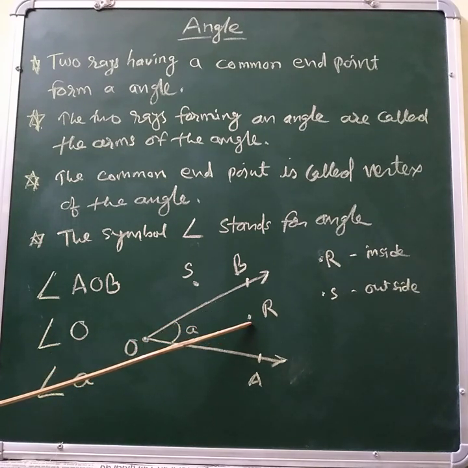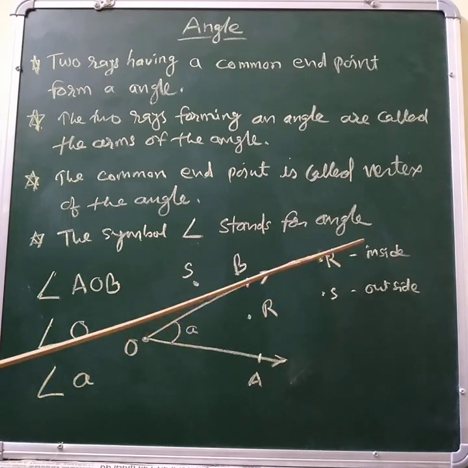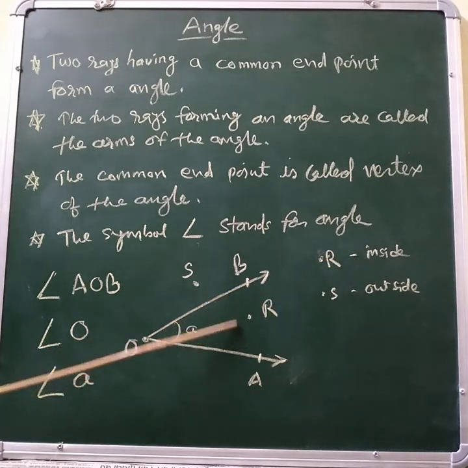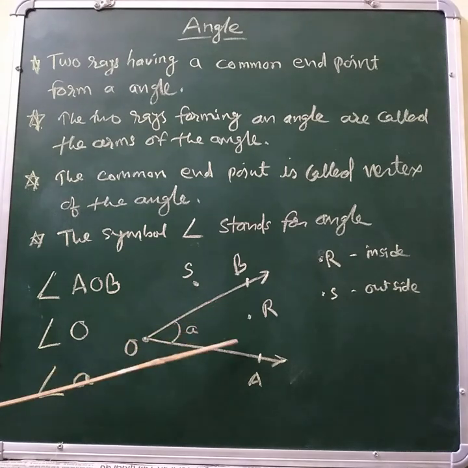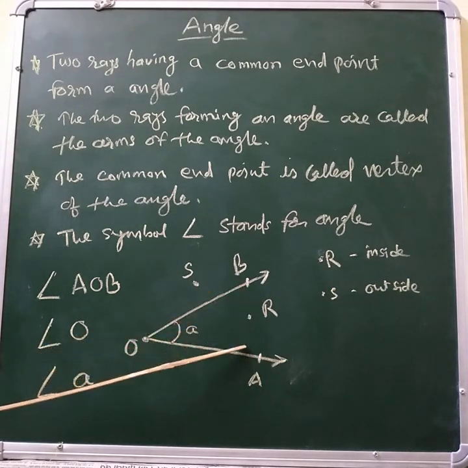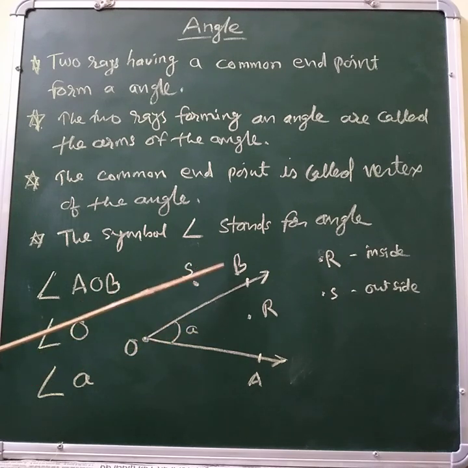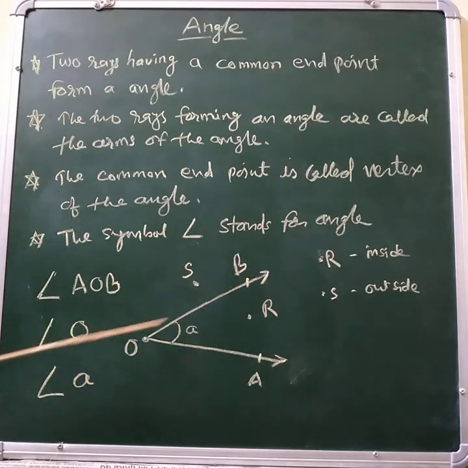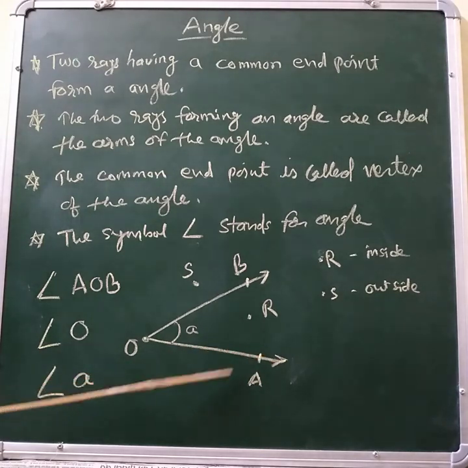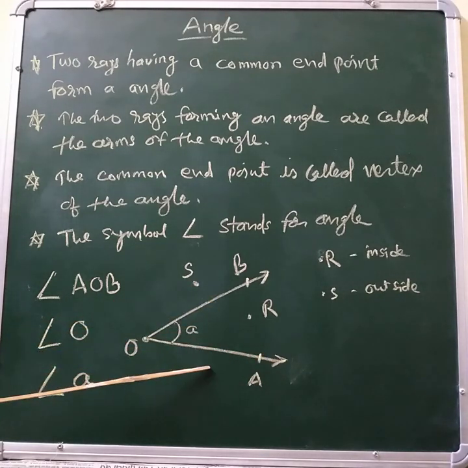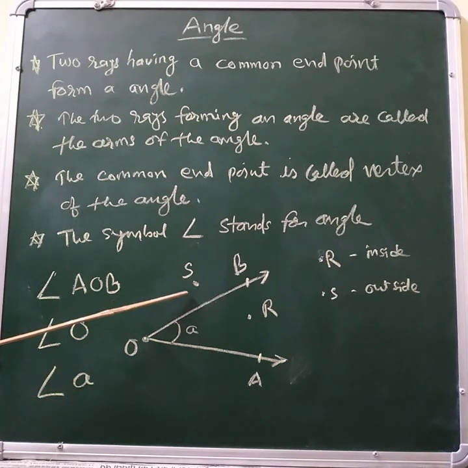See here, point R is inside the angle because it is present in the interior of the angle, between the two arms of the angle. Anything which lies out of the angle, out of these arms of the angle, is called the exterior of the angle or outside of the angle.